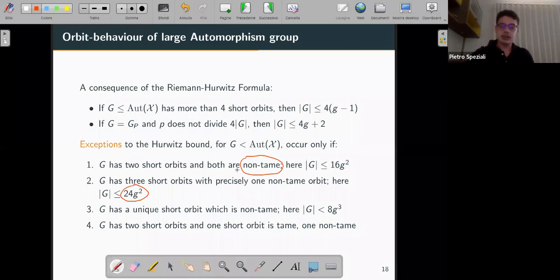So there is a recent paper, which was on the arXiv about 2 weeks ago, that tells you that, in this case, if I'm not very much mistaken, it should be less than 2,656 g squared. Here what we use a lot is this fact, because you can use permutation representation on these short orbits.